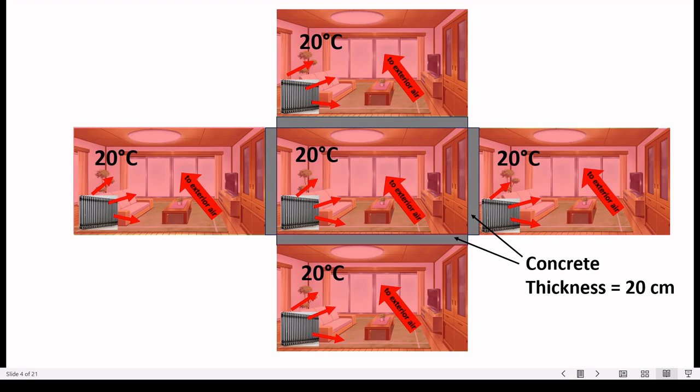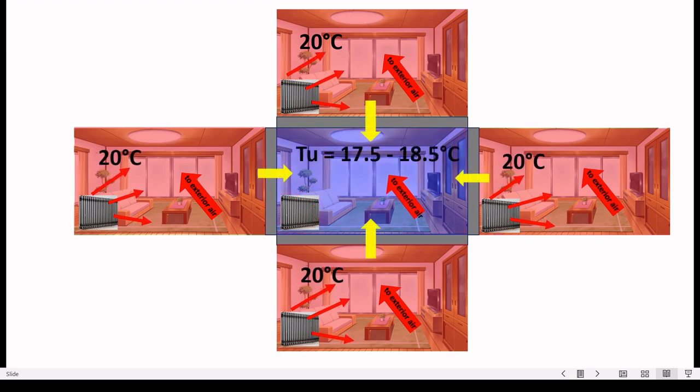Now, let's have the central apartment stop the heating. The first thing is that the temperature inside will start to drop until an equilibrium temperature, when the exterior air flow is equal to the sum of the thermal flows from all four surrounding apartments.